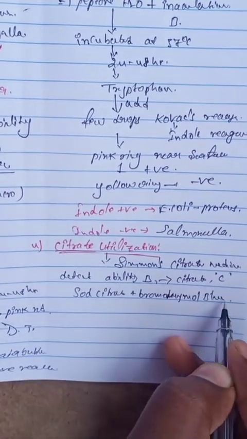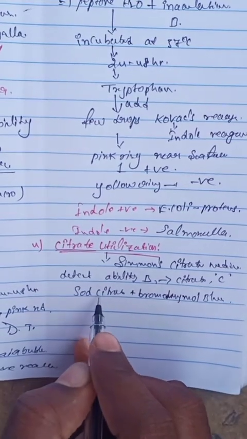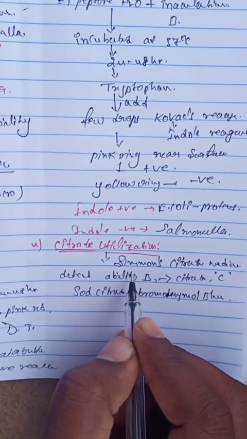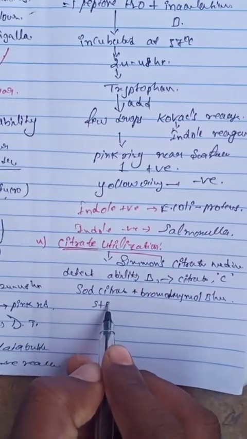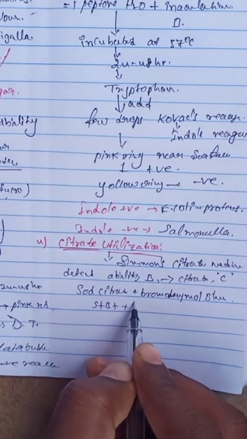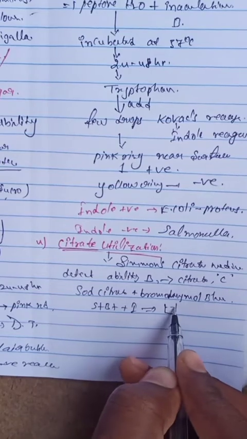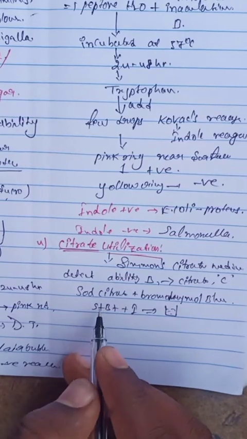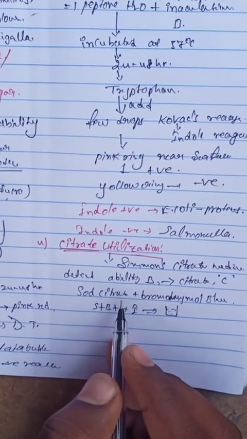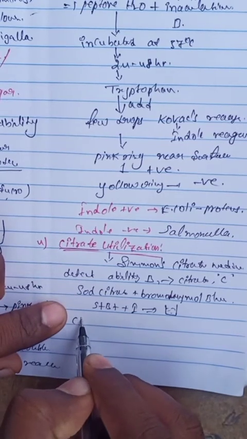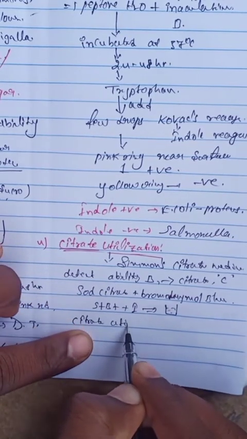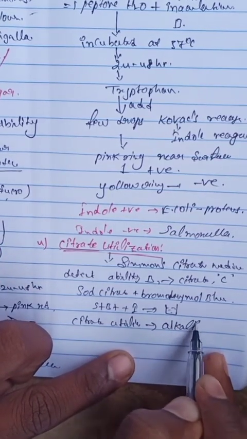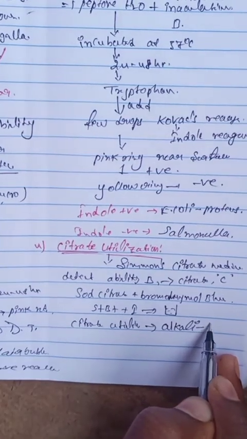These are added to the Simmons citrate medium, and the bacteria is added, with the indicator, in one container. After that, if citrate is utilized, it produces an alkaline medium, meaning a basic medium. It turns blue.